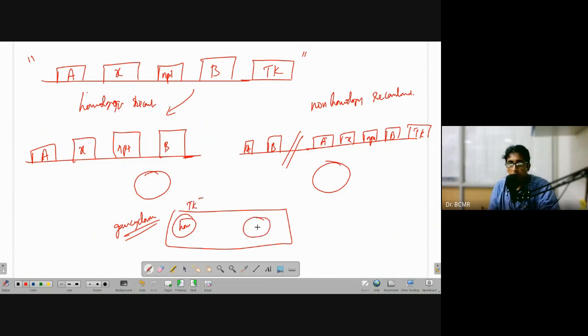Whereas the non-homologous recombinant is TK plus. Therefore, ganciclovir is going to be converted to a toxic compound by thymidine kinase, and therefore these cells will die. So using negative selection, we can eliminate all the non-homologous recombinants.